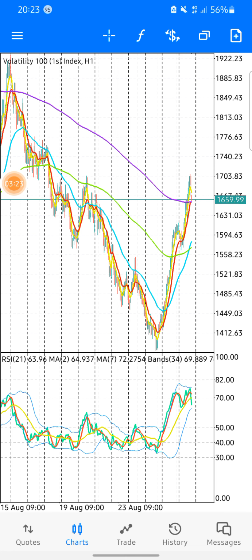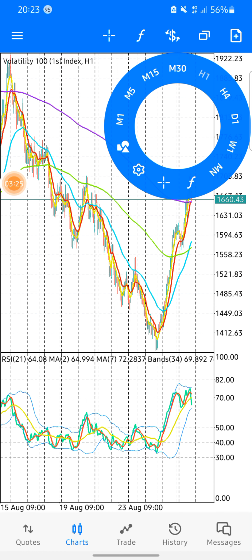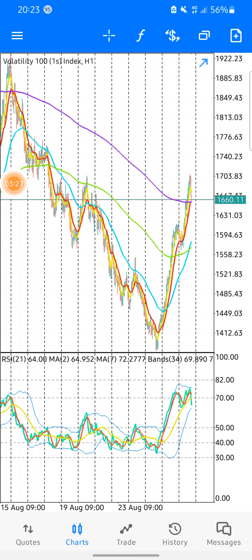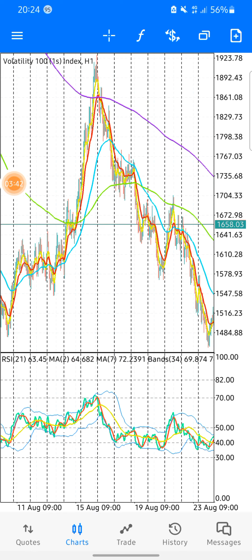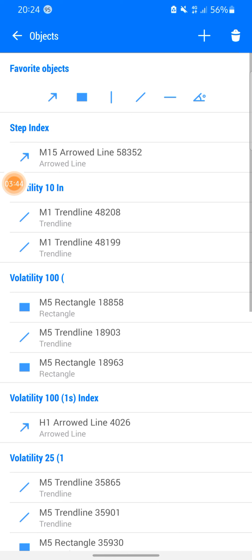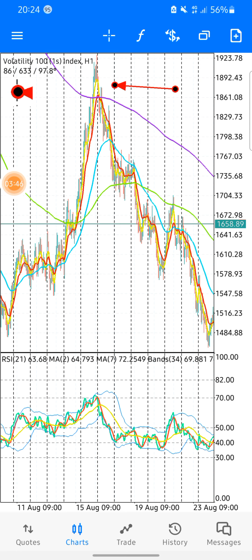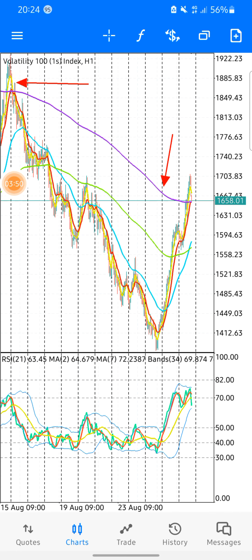In my previous lessons, I think I've talked about this paper line here. I've said that in the BTMM indicators, the paper line denotes our support and resistance areas most of the time. If you check here, it acted again as a support and resistance area.